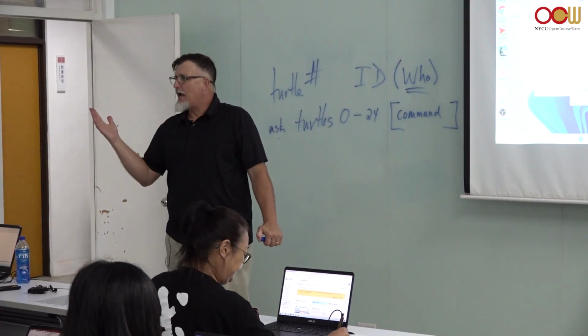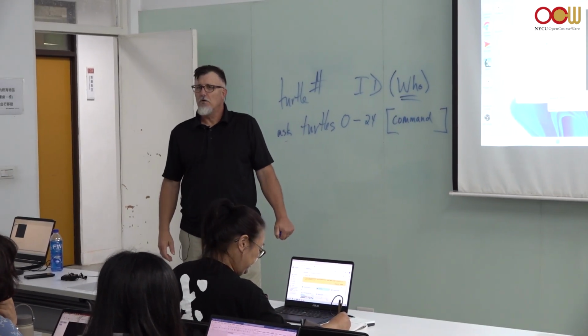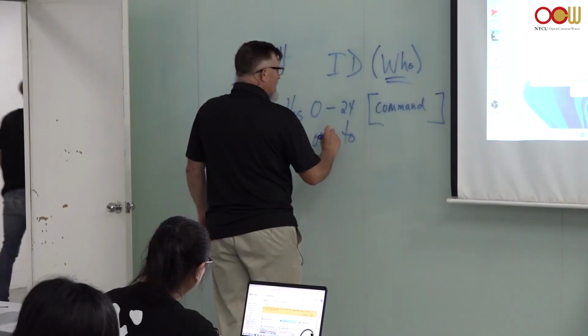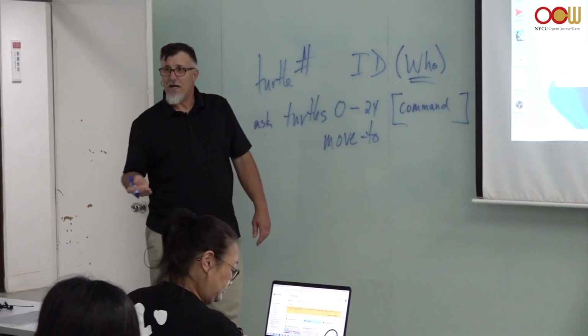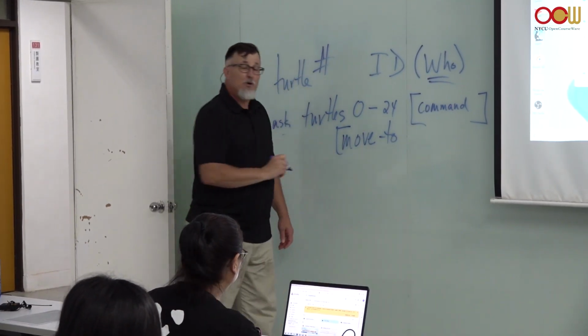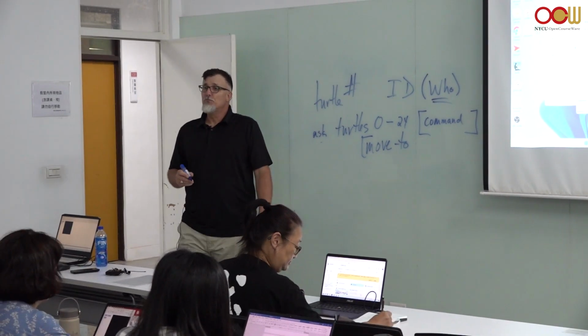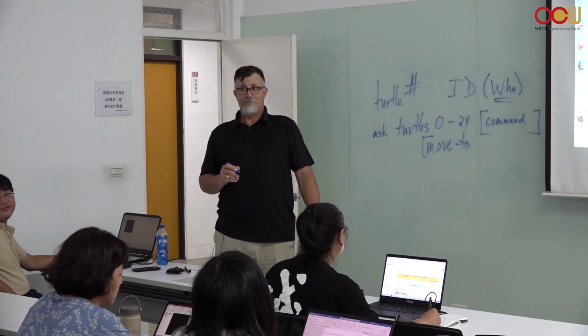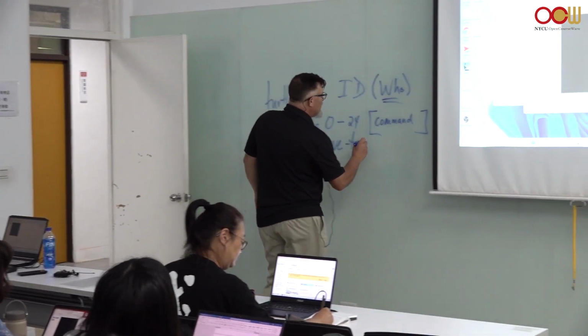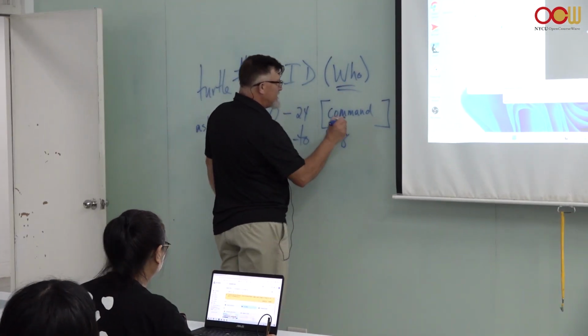Just use your everyday language. What do we want them to do? Move to. And it turns out that NetLogo has a primitive called move to. And where do we want them to move to? Position 8-8. We want them to move to 8-8.